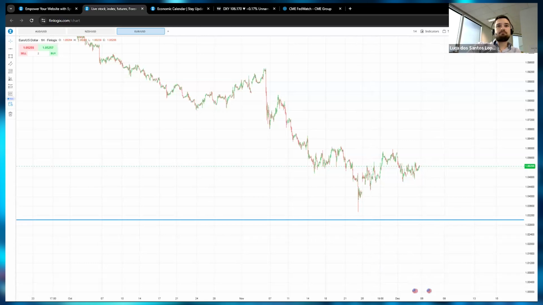So the euro pair is showing some consolidation at the moment, as we can see right here. But I'm viewing this as a temporary pause rather than a reversal. If we look at seasonal trends, they may support the euro into the year end, but underlying risk remains significant.